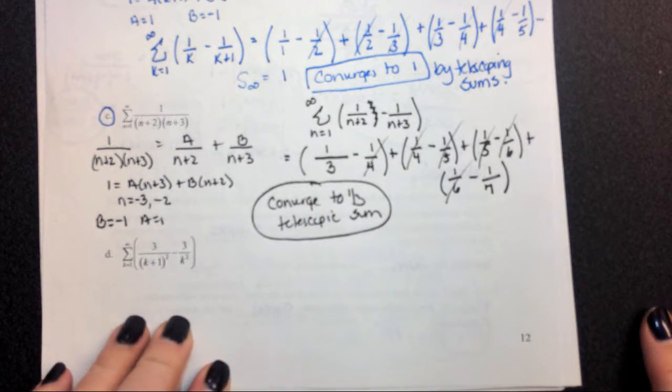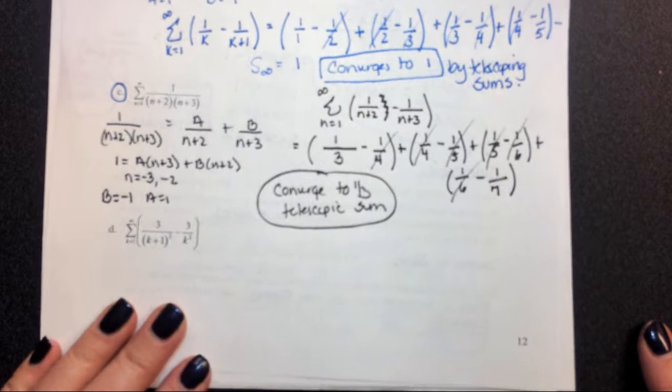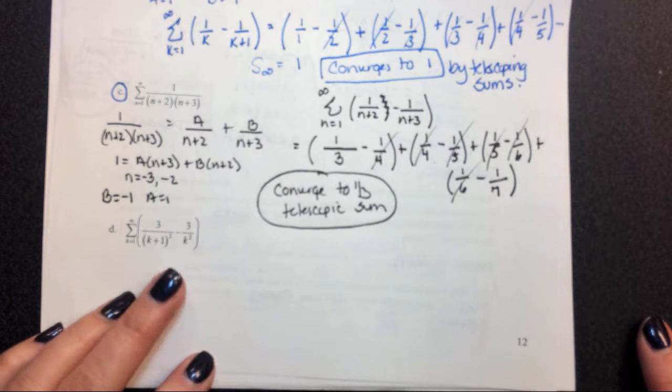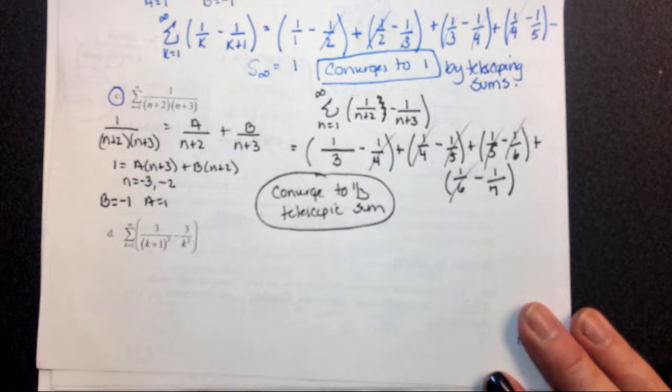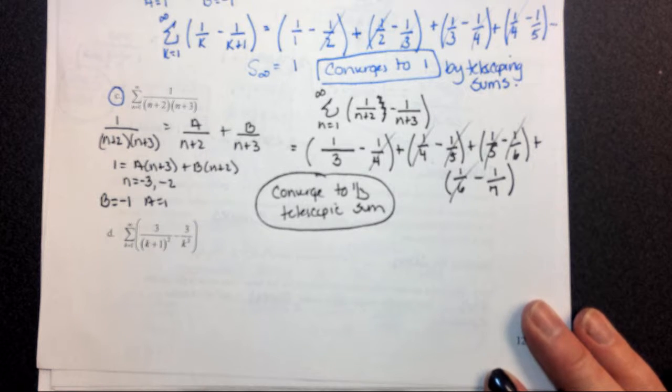All right. So now let's take a look at D. 3 over k plus 1 to the second minus 3 over k to the second. So obviously when I see these two fractions subtracted, when I'm checking for convergence and what it's converging to, geometric or telescopic, because I've already got my two fractions that are subtracted, what do you think you're going to check for first?